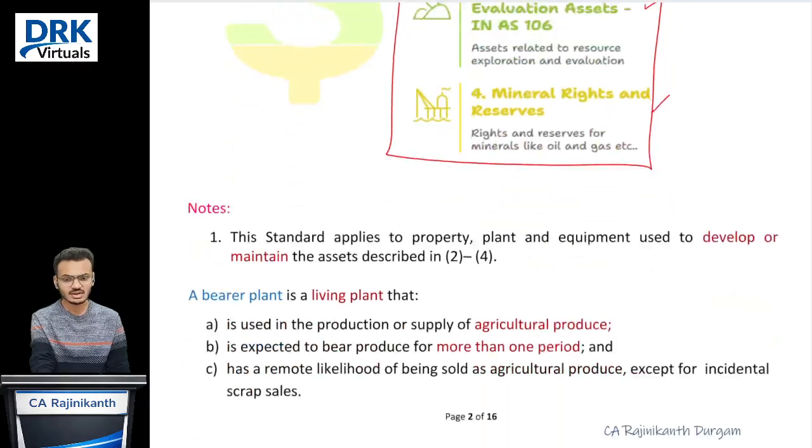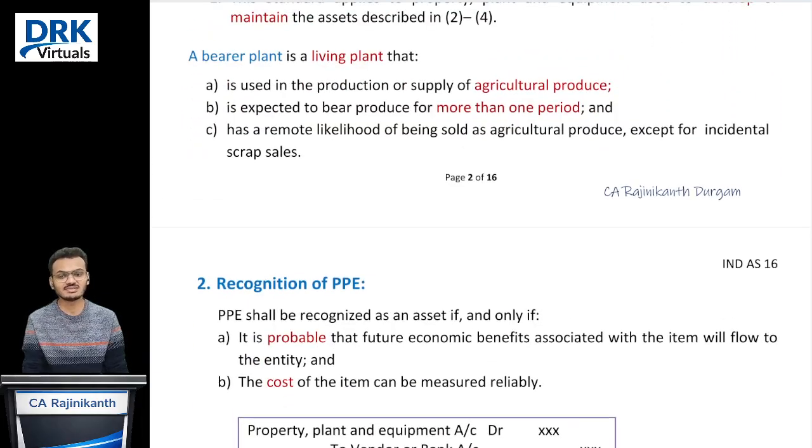Clear? Coming to the definition of bearer plants, as we discussed, bearer plants are covered by Ind AS 16, despite the fact they are biological assets. So what are bearer plants? They are living plants only, like mango tree, coconut tree, apple tree. They are used for production or supply of agricultural produce, and they are expected to produce for more than one accounting period, and they have remote chances of being sold as agricultural produce except as incidental scrap sales. So apple tree, mango tree, coconut tree satisfy this definition, so we can account for them as bearer plants as per Ind AS 16.